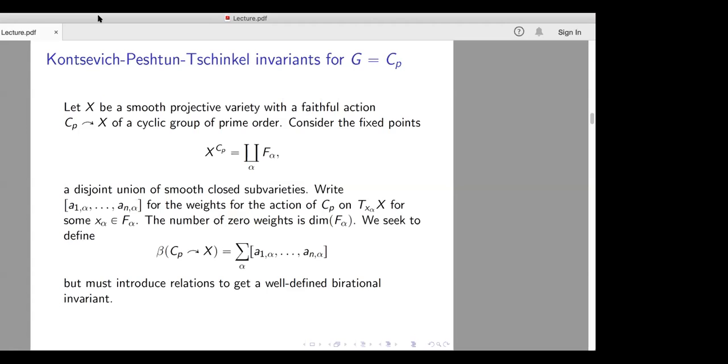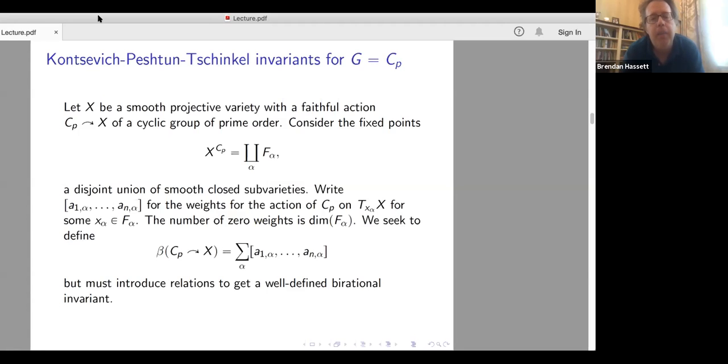These weights are characters for our cyclic group C_p. That's the weights of the action of C_p on the tangent space to a representative point on the fixed point locus. We're basically picking some random point on the fixed point locus.